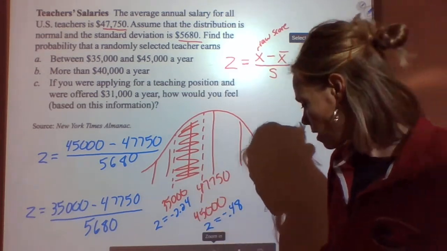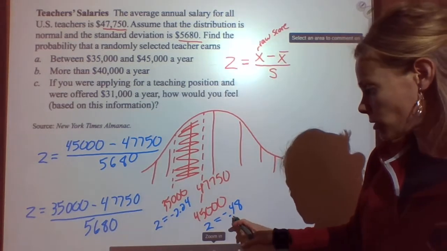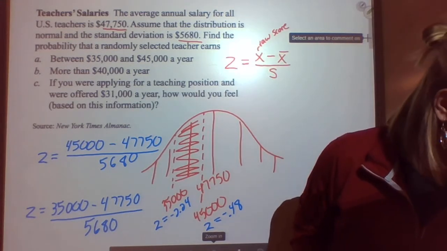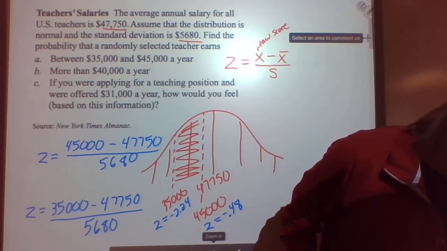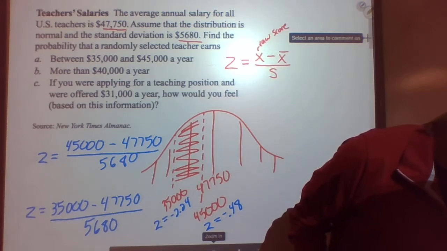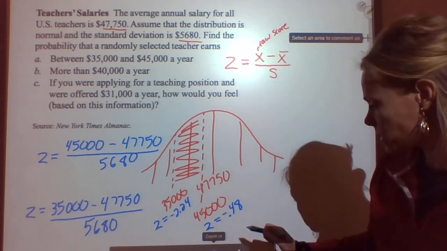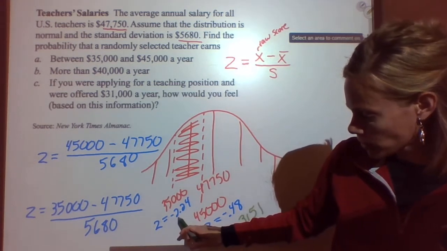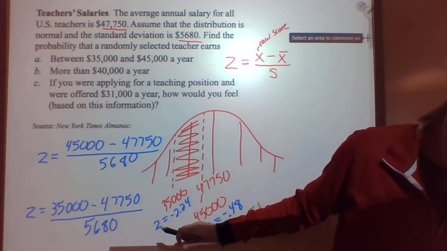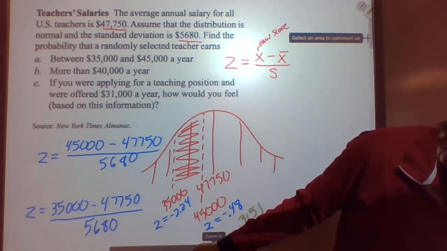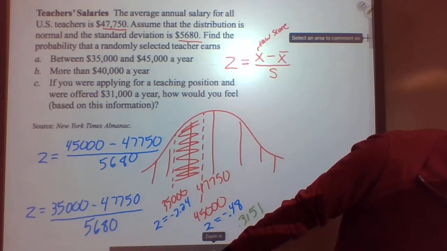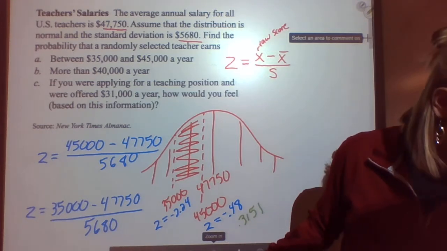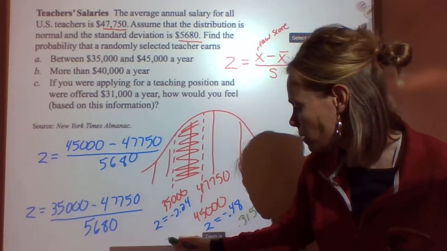So I look up the larger z-score, negative 0.48. In my book, negative 0.48 is 0.3156. Look up the smaller z-score, negative 2.24, which is 0.0125.